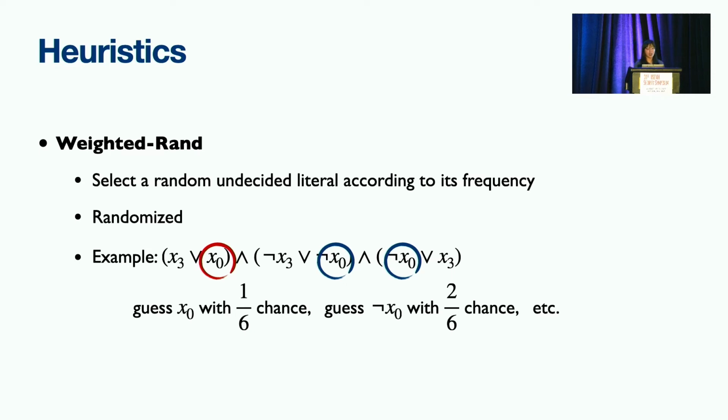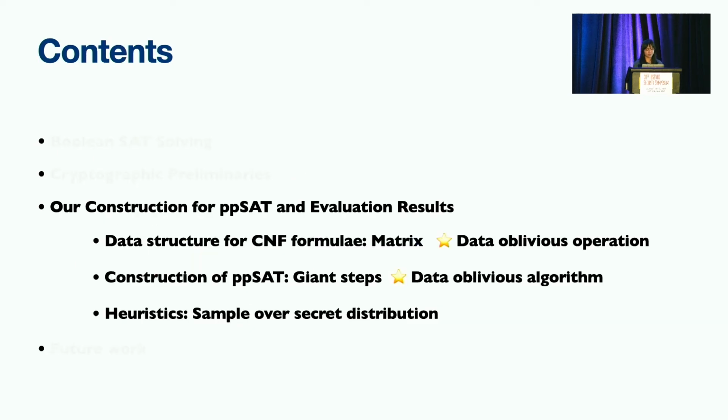It will select a random undecided literal with bias. This bias is proportional to its frequency in the formula. For example, in the formula on this slide, this weighted random heuristic will guess x0 is true with 1/6 chance, and will guess x0's value is false with 2/6 chance, and so on.